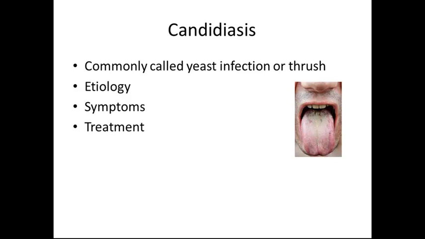Symptoms: with thrush, you will see white patches in the mouth, as you can see here on the right-hand side. Diaper rash is usually a red inflamed rash, and then in the genital area there will be itchiness. Topical treatments are typically the treatment of choice, and it really depends on what you have going on, but they can also do oral medications too.